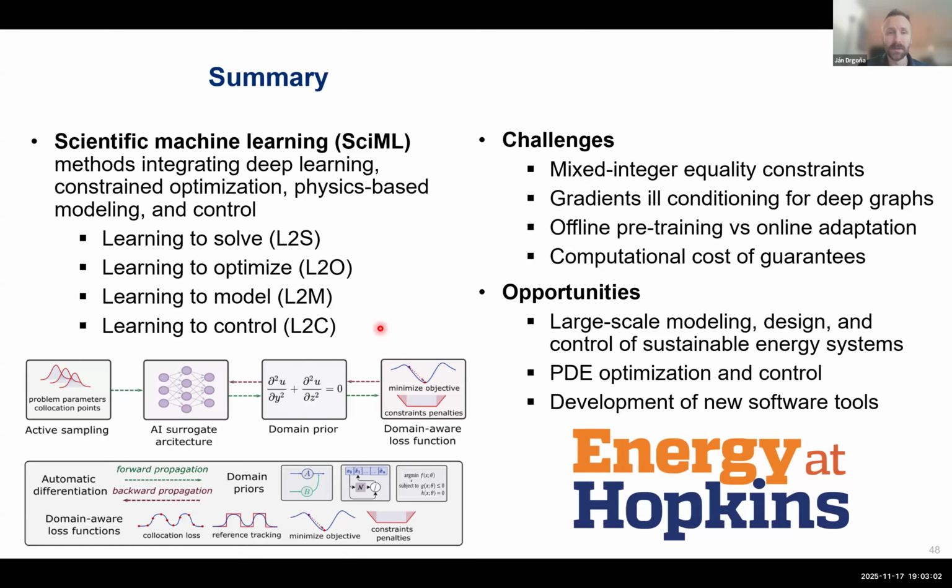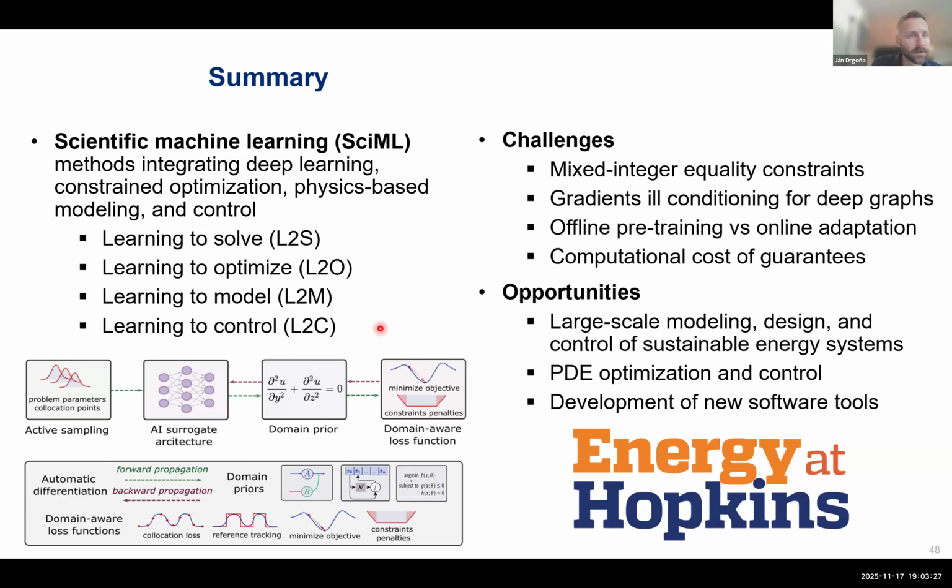Their sensitivities, the gradients, can get ill-conditioned. So how do we deal with that? How do we deal with the trade-off of offline pre-training and online adaptation and the cost of guarantees? I haven't talked about that much today, but there is always a trade-off between hard constraints and soft constraints and how much compute you pay for that.